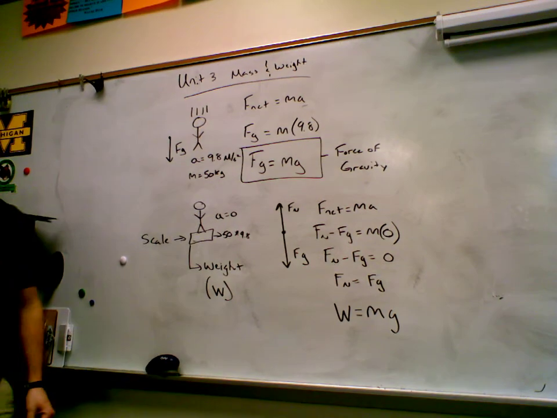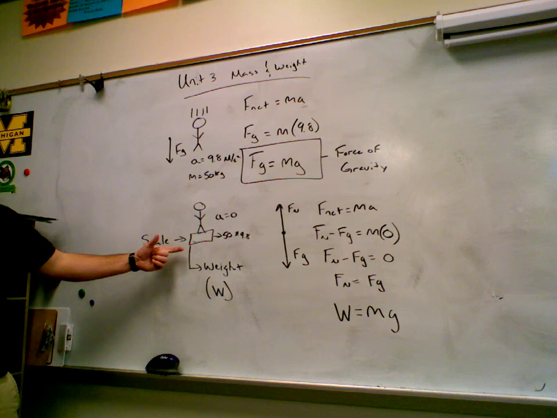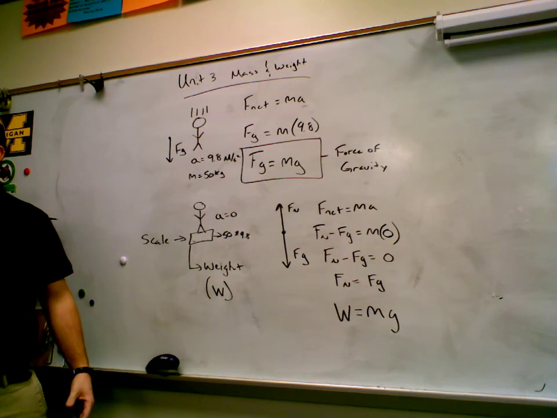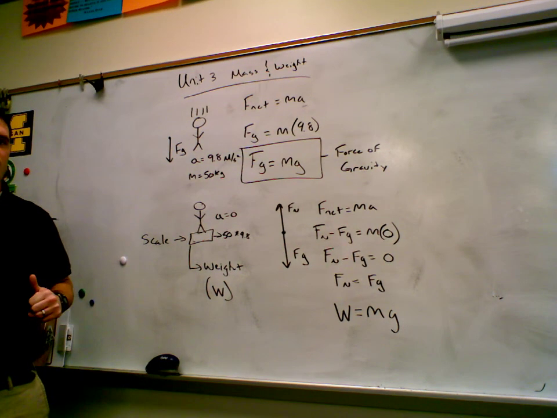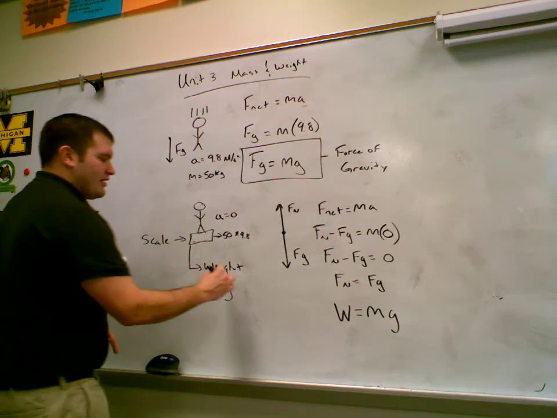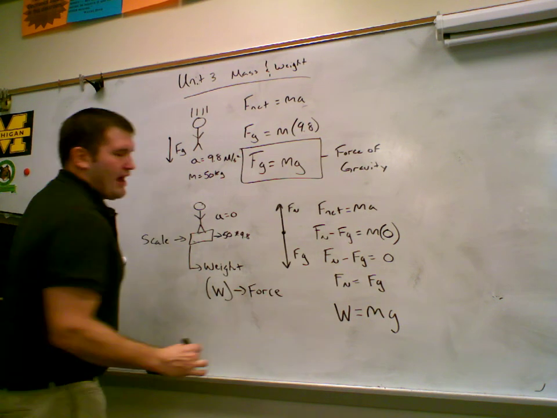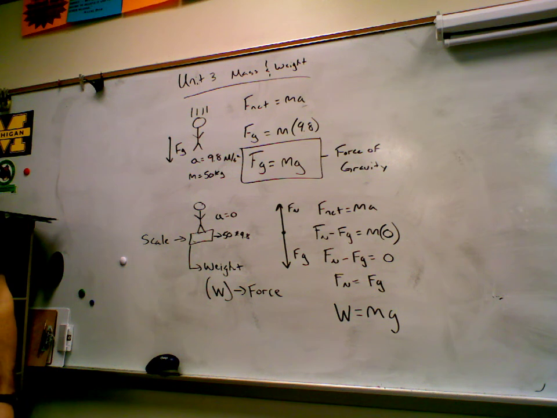Notice I have no vectors on there. So the weight the scale reads is going to be the person's mass, 50, times 9.8. So, are weight and mass the same thing? No. Weight is a force. Mass is the amount of matter. Okay, does that make sense? Any questions?